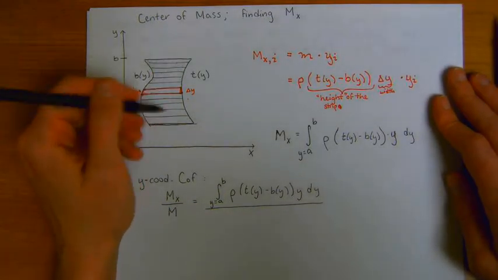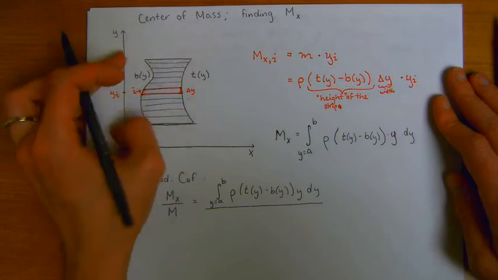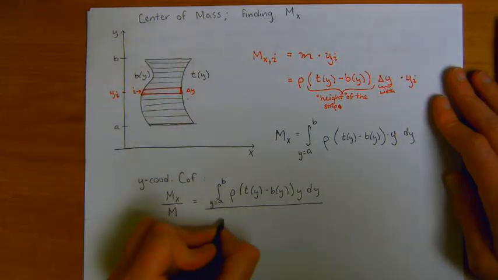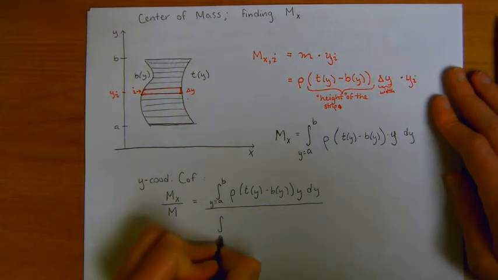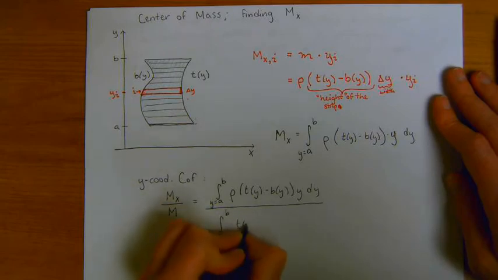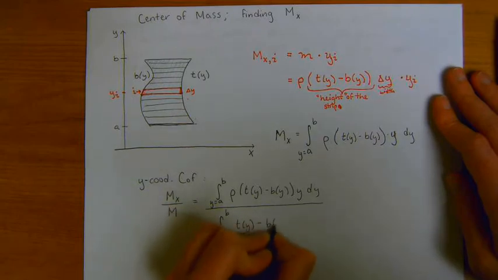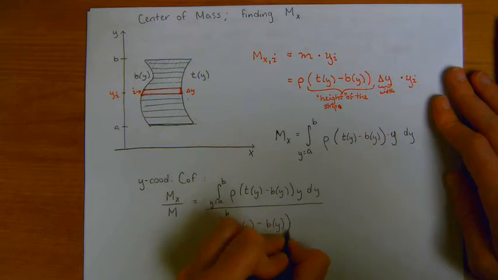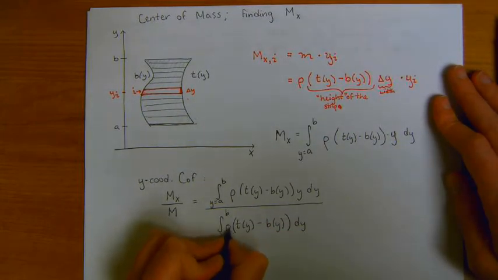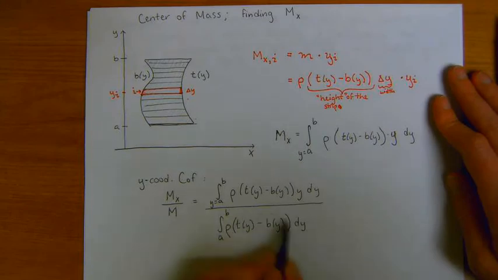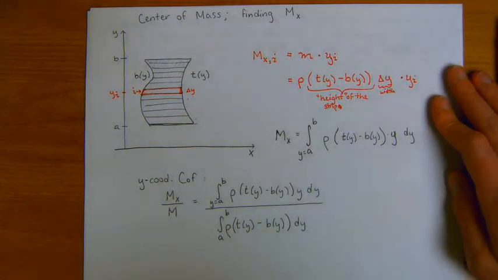In this case, it's the integral, and we have to do the difference of curves, so it's going to be the integral from a to b of the top curve minus the bottom curve dy. But we also have to multiply by the density because the area times the density gives the mass.